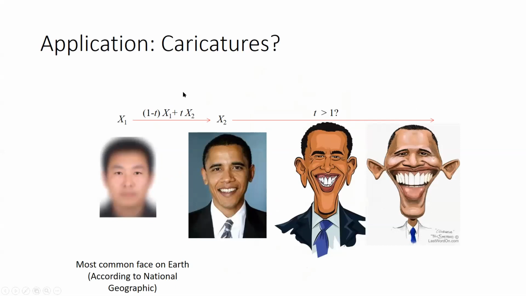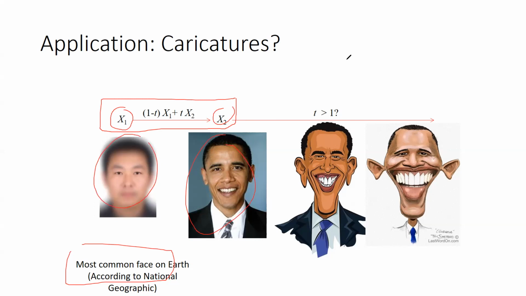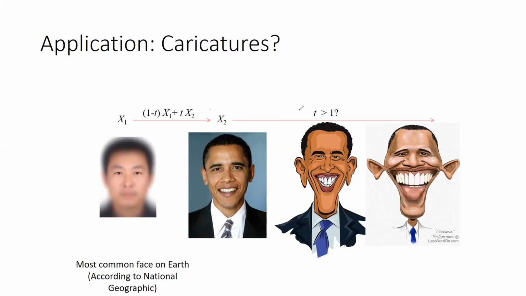One of the big uses is you can do this caricature effect, in which this is the most common face on Earth, and this one is your shape, let's say if you're Obama or that. And between this morphing, the morphing between your face and the most common face on Earth, what if you increase t, then you can even more exaggerate your features.